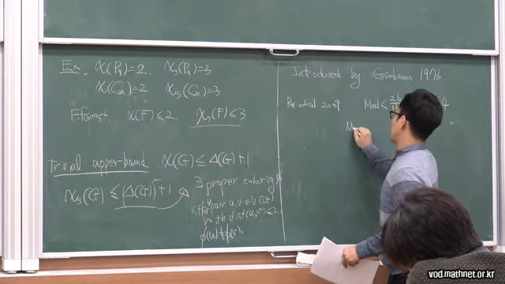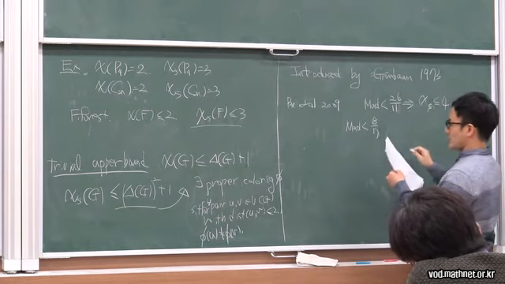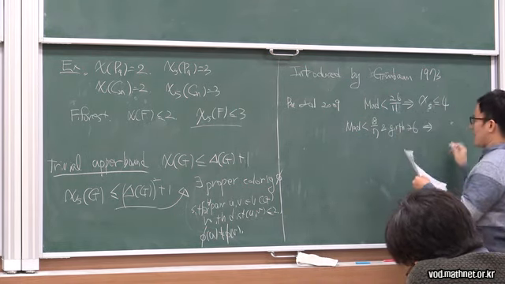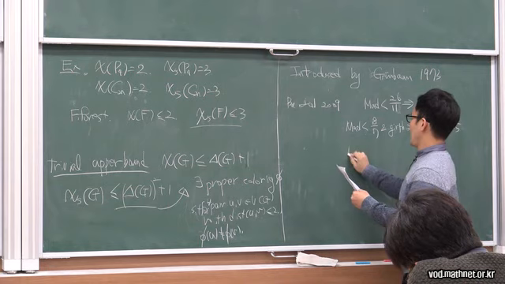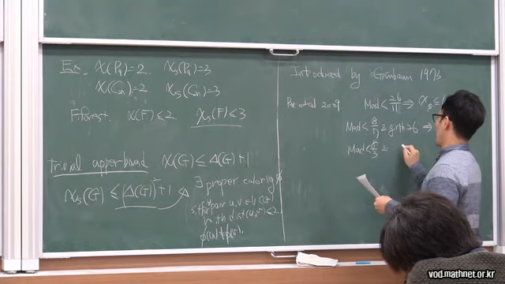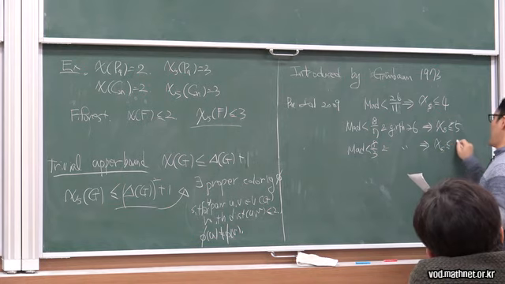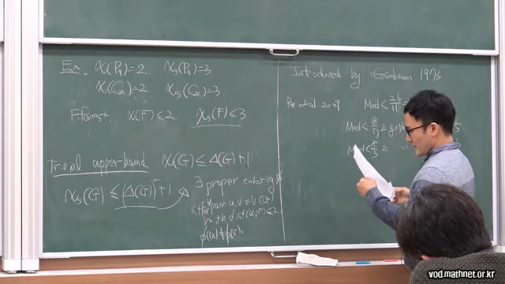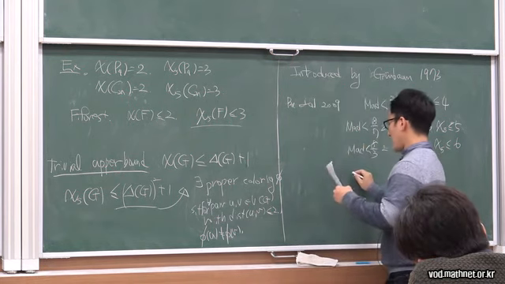And if maximum average degree is less than 18/7 and girth is big, then star-chromatic number is at most 5. And if maximum average degree is less than 8/3 and girth is at least 6, then star-chromatic number is at most 6. And there is another result about maximum degree.